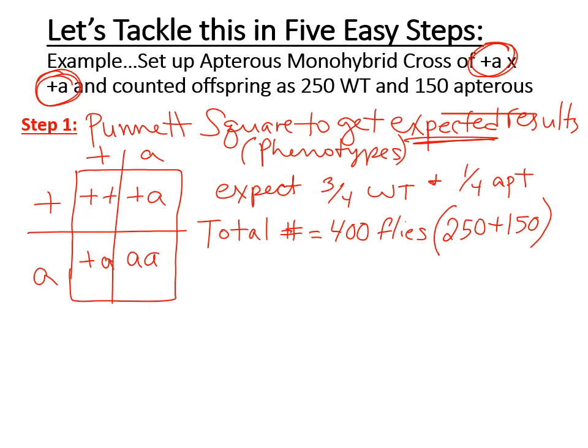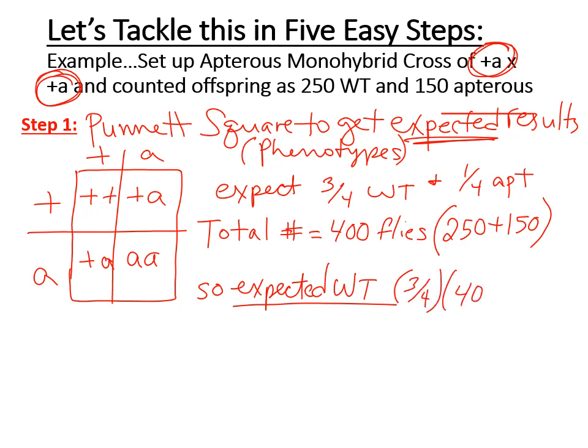So if we want to know how many offspring we were expecting to be wild type and how many we were expecting to be apterous, all we do is multiply the expected fraction by the total number of flies created in this cross. So expected wild type is 3/4 of the 400 total flies.